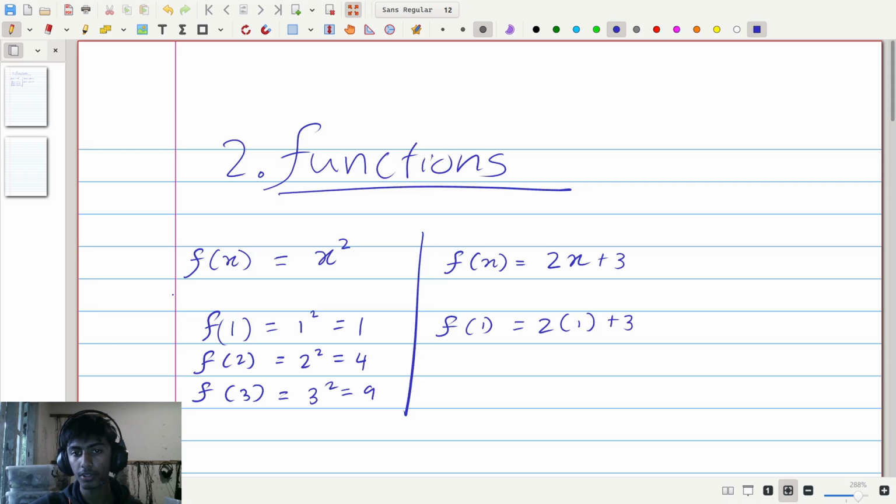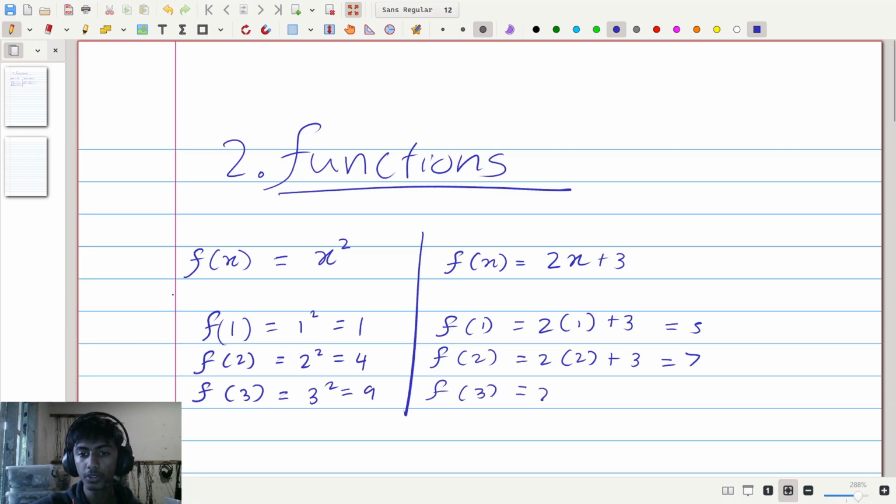Because here instead of x I have to substitute 1, which then gives us 5. And similarly f(2) would be 2 times 2 plus 3, which will give us 7. Similarly, f of 3 would be 2 times 3 plus 3, which is 9.